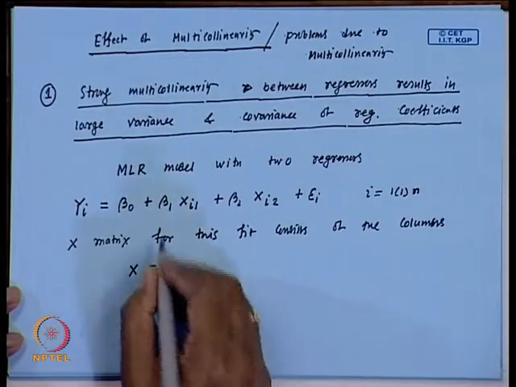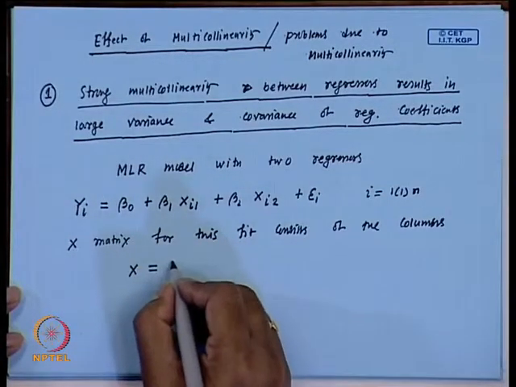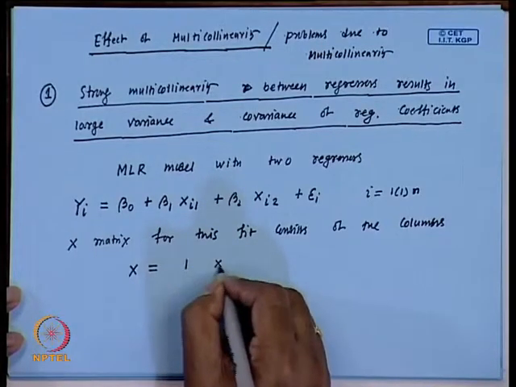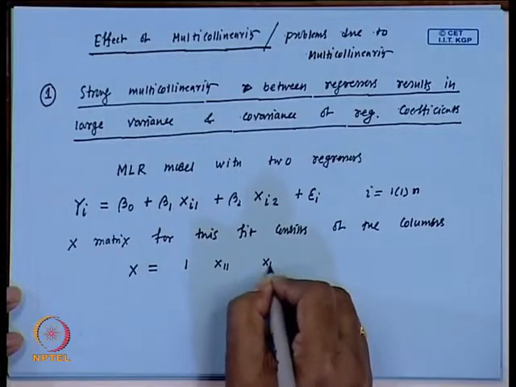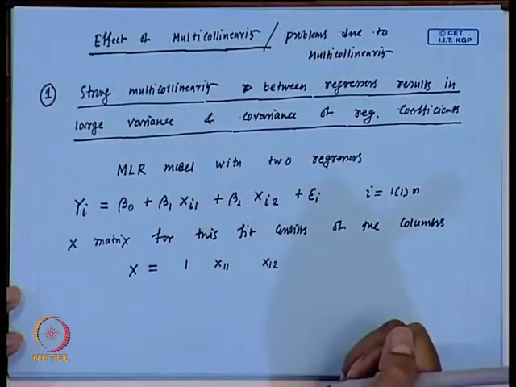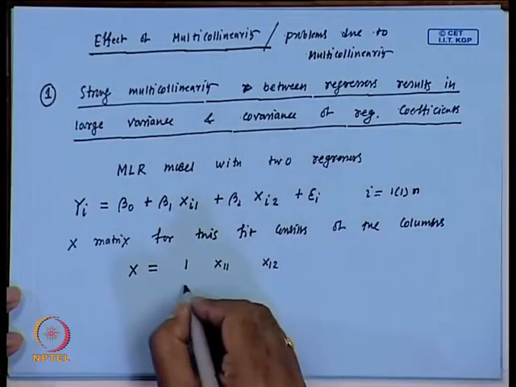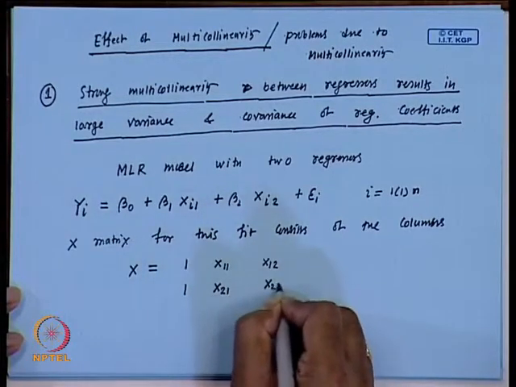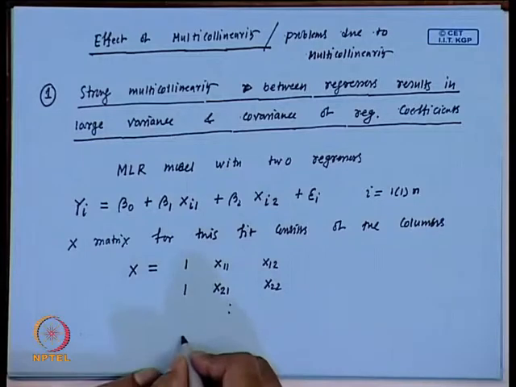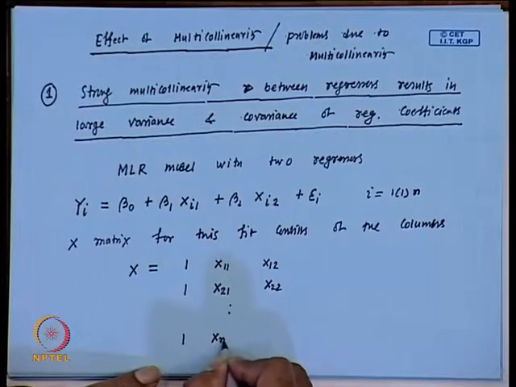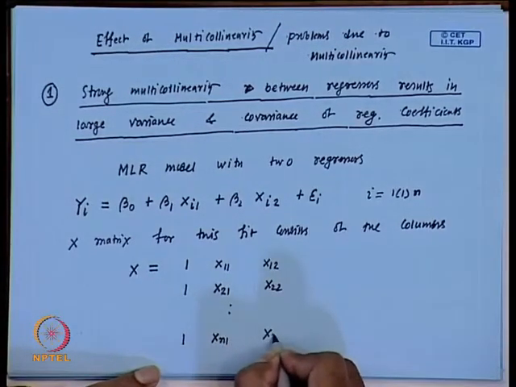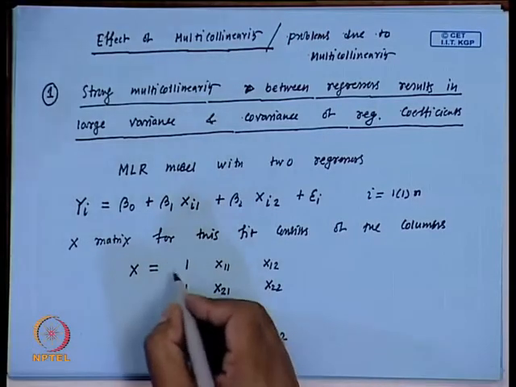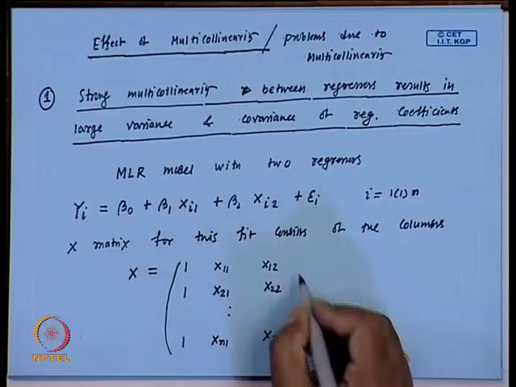The X matrix for this model, we know that this is 1, x_11, x_12, right, 1, x_21, x_22, like that, 1, x_n1, x_n2. Okay.